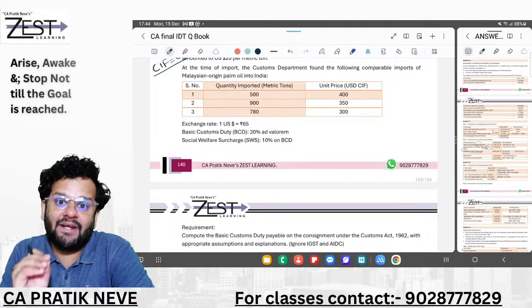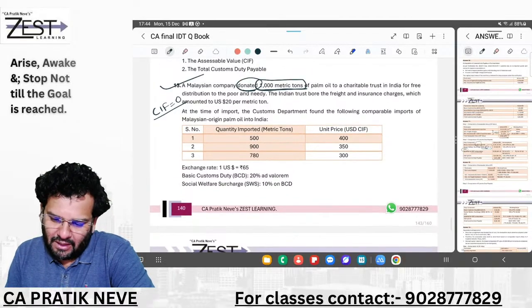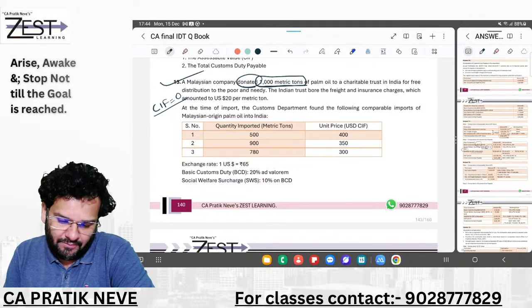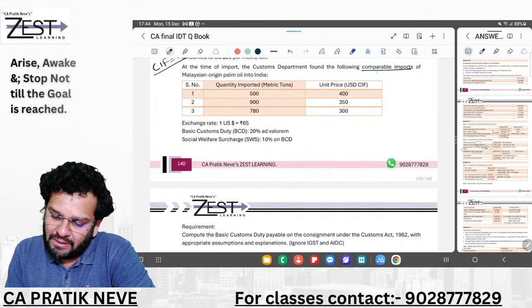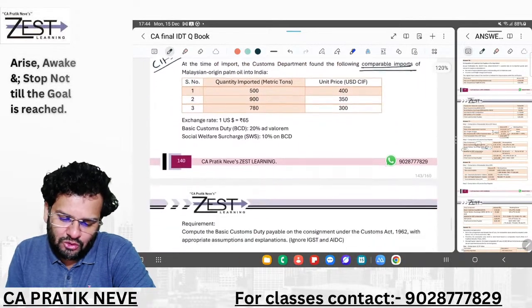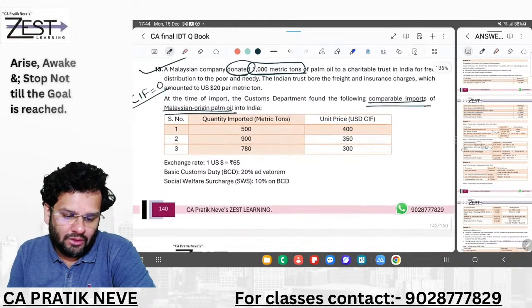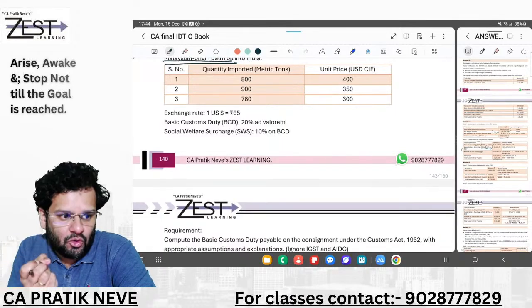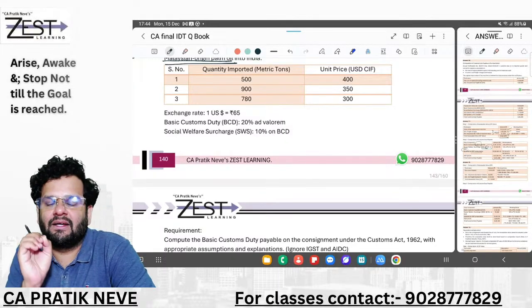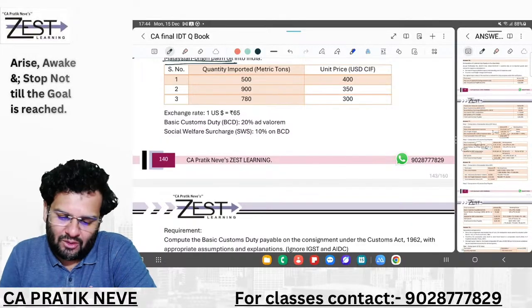Now in such case what you have to do, you have to go for value of identical goods. So identical goods are nothing but palm oil of Malaysian origin. So at the time of import, Customs Department found the following comparable imports of Malaysian origin palm oil. Now what you have to do is consider the imports at substantially the same commercial level and quantity.